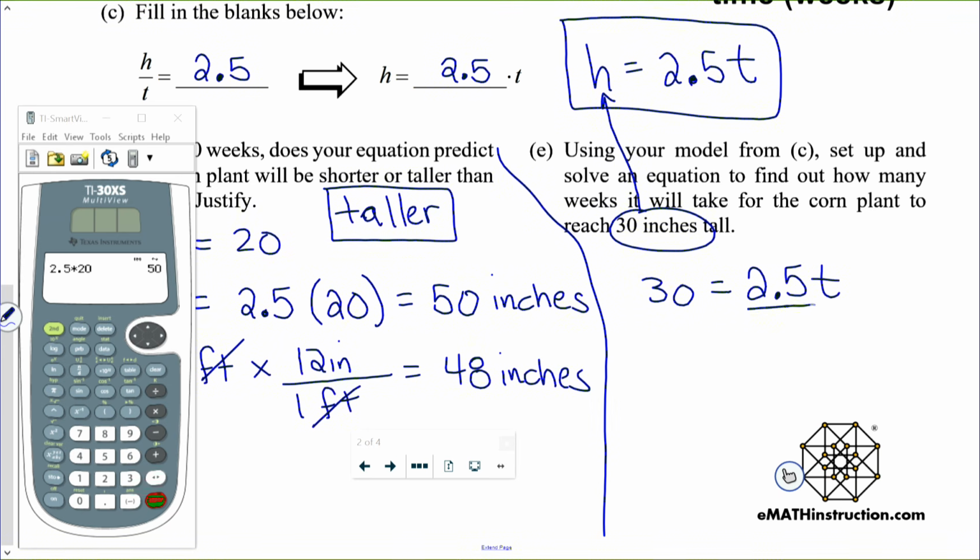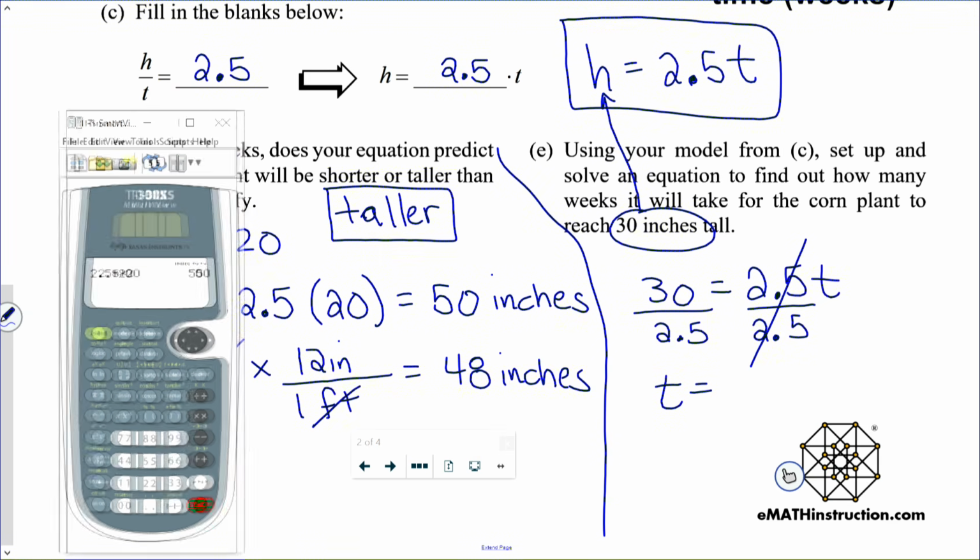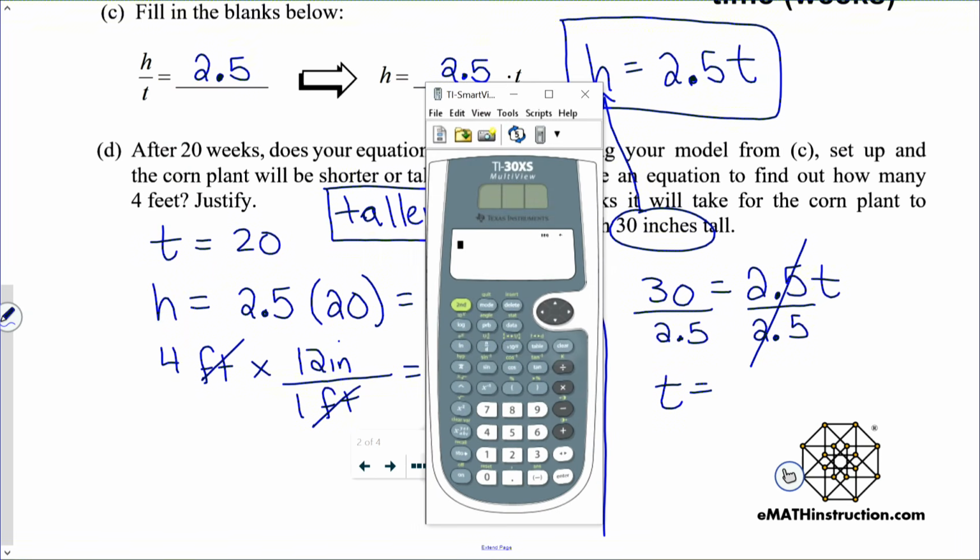Here now I can solve this very simple equation by dividing both sides by 2.5, right? And again, in an earlier grade we might have done the decimal division longhand. Here I'm just going to do 30 divided by 2.5, and I'm going to get 12 weeks.